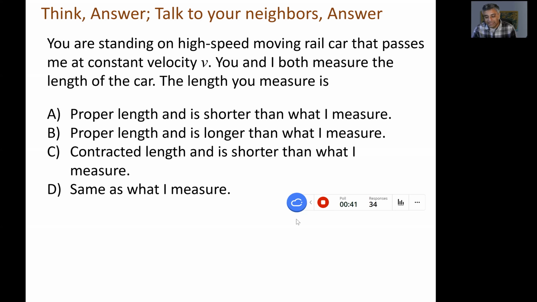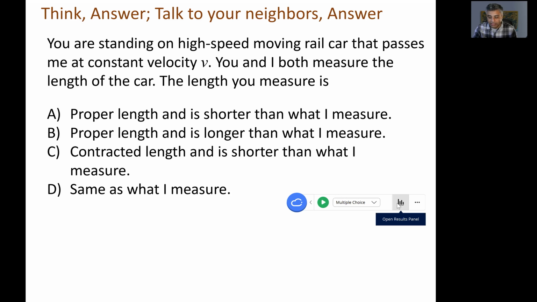Oh, 20 more seconds. 10 more seconds. 5 more seconds. 5, 4, 3, 2, 1, and it stops.